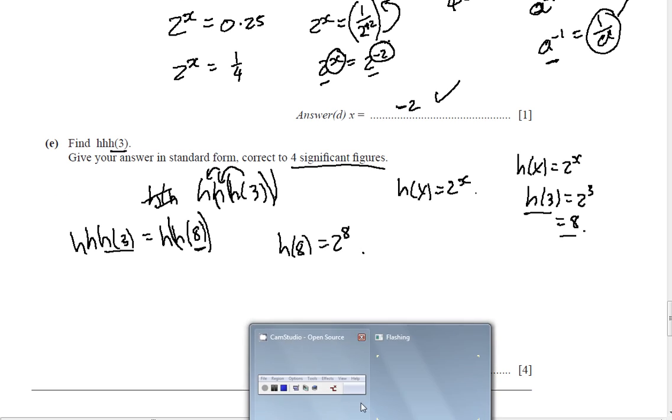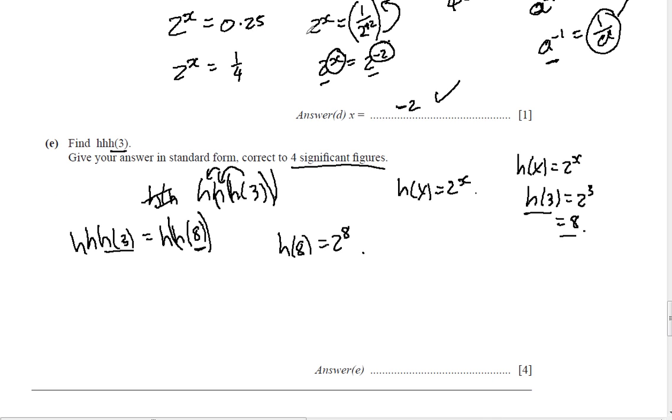Let me have a look at something quickly. Okay, cool. I just had to check the memo because it looked a bit big, but this is actually right. So h of h of 3 is h of 2 to the 8. And h of x, remember, is 2 to the x.